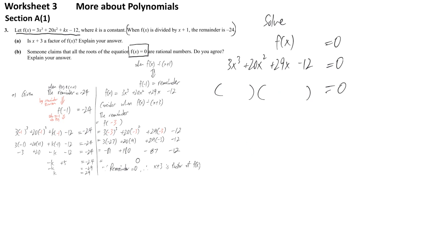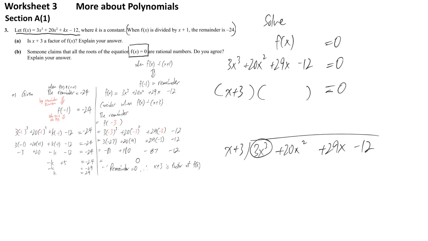To do so, you need to use the hints provided before. x plus 3 is a factor, which we already proved in part A. So this is x plus 3. But if x plus 3 is a factor, then what is the rest? Then we use the quotient, the long division, to find it out. This is the method to find another factor from one factor.